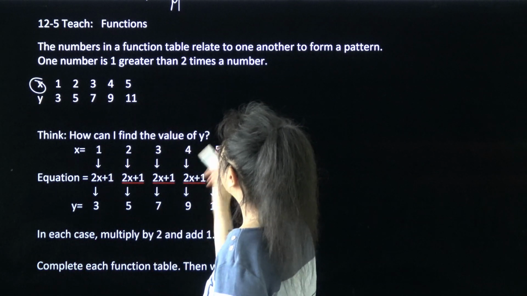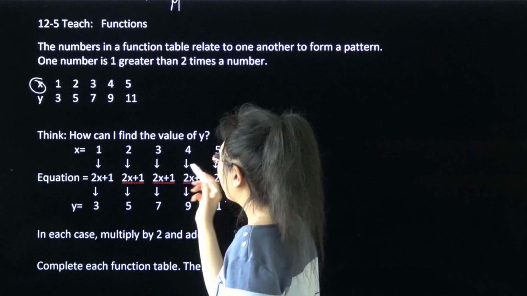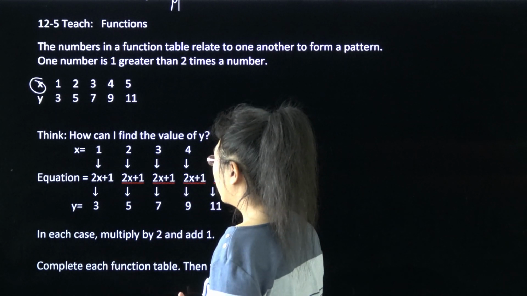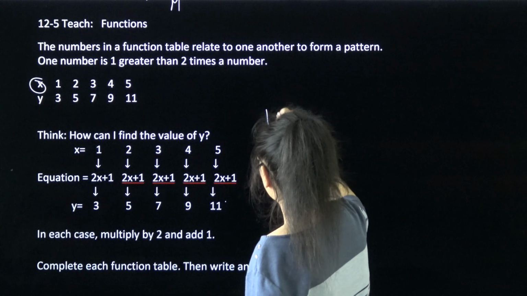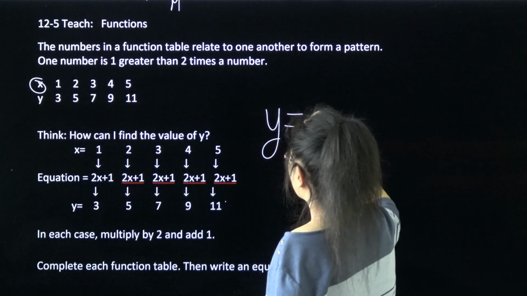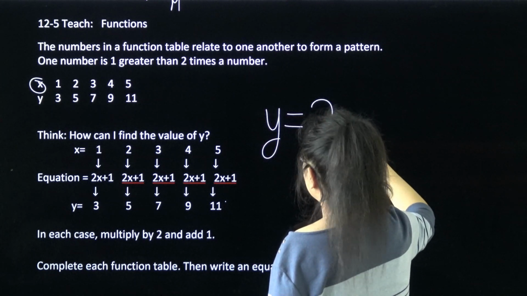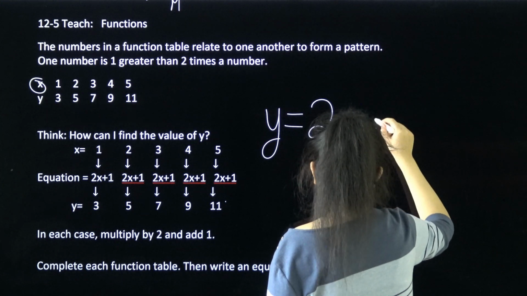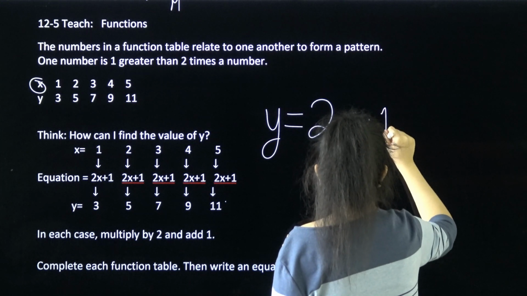Example, one number is 1 greater than 2 times a number. So the equation would be one number is always y, is 1 greater than 2 times, it would be x, a number.